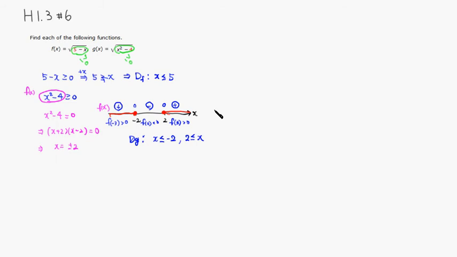The domain of f plus g is exactly the same as the domain of f minus g and the domain of f times g. These are all the intersection of the domain of f and the domain of g.